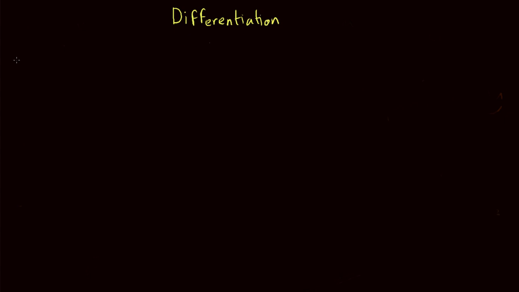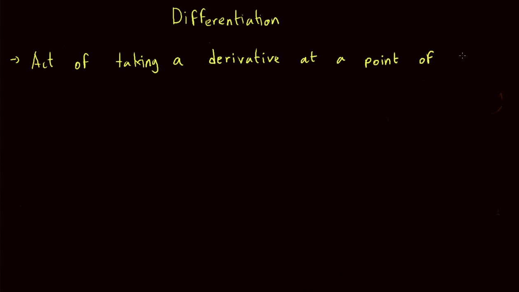And what is the definition of differentiation actually? It's basically the act of taking a derivative at a point of a function that is graphed out, plotted into a graph, or map, whatever you want to put it.